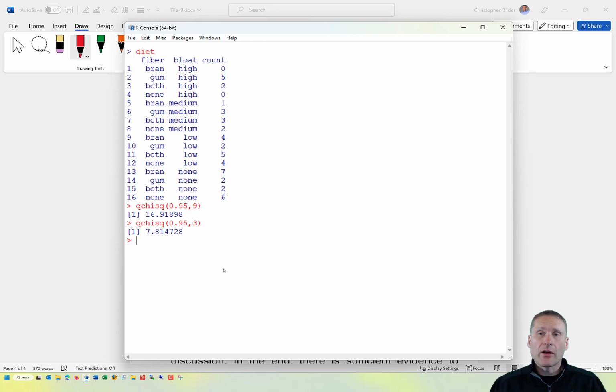Look at that critical value. It's much lower. That's why we are more easily able to find evidence against the null hypothesis with the proportional odds regression model than with the multinomial regression model, as long as the type of dependence that exists is the kind that the proportional odds regression model indicates.